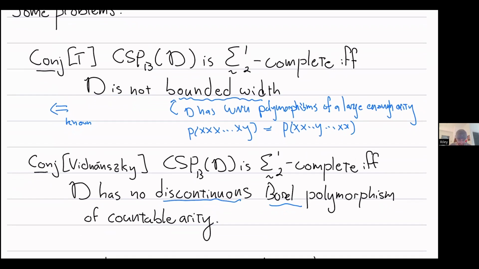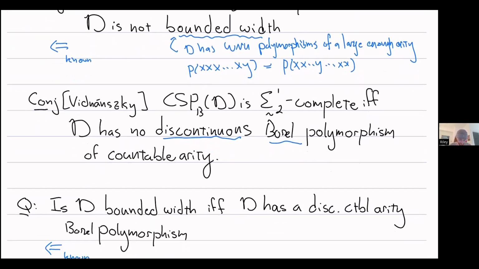For instance, it's known that if you don't have bounded width, then you're sigma 1, 2 complete. Zoltan and Hansa showed that systems of linear equations over finite fields are sigma 1, 2 complete, and applying some of this simple definability machinery I've sketched gives you the complexity for non-bounded width problems.